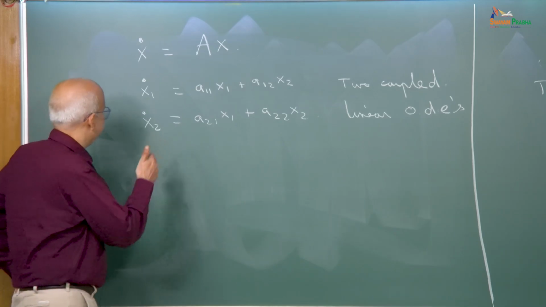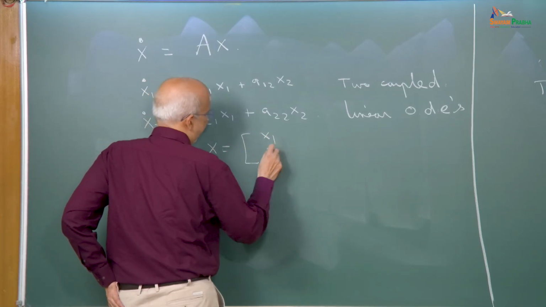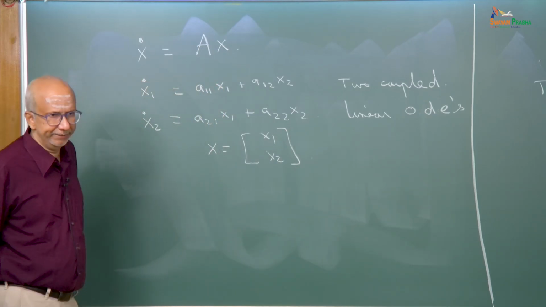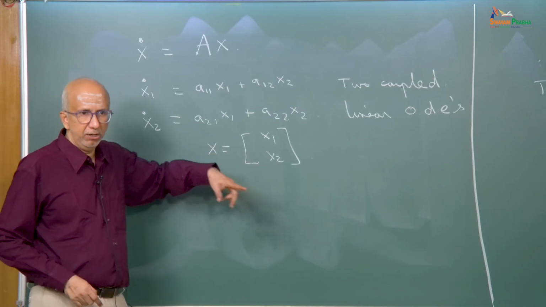So, for an equation of this kind I can write x as x1, x2. That is my vector again, but now x1 and x2 are functions of time.